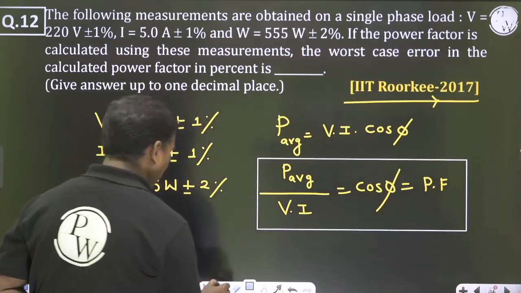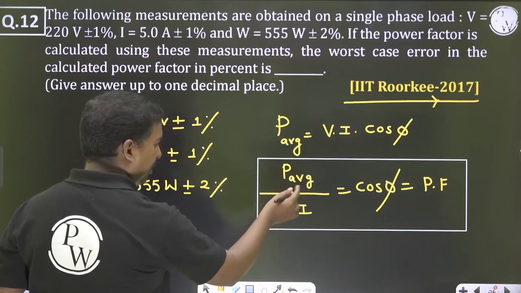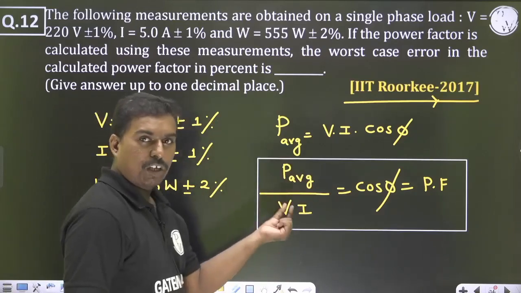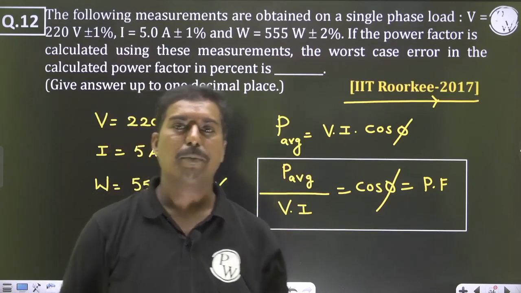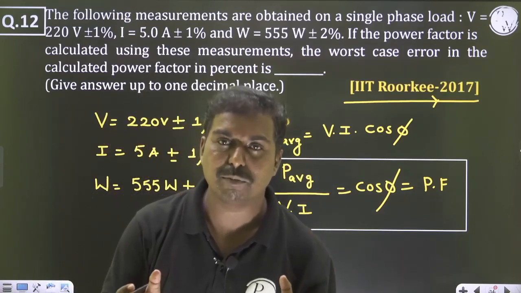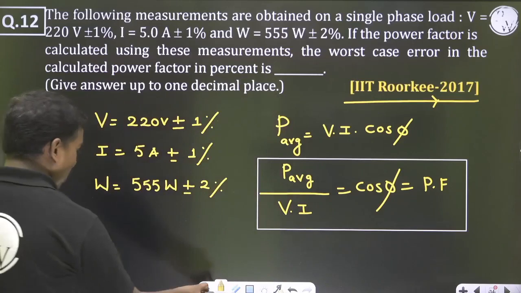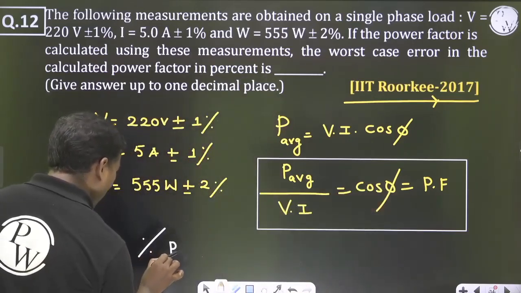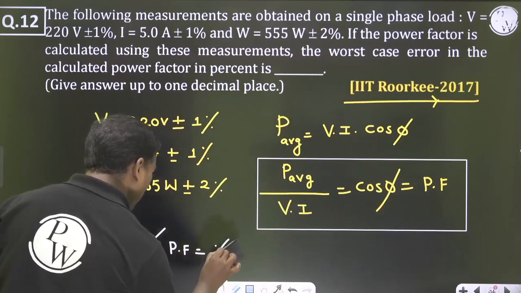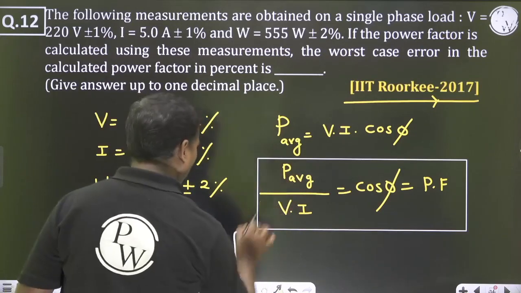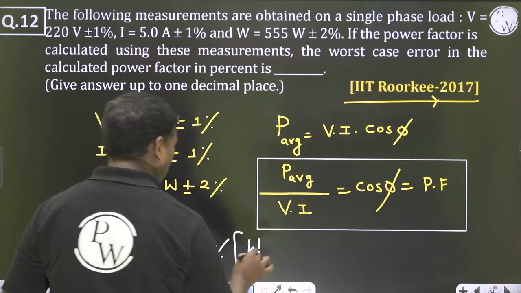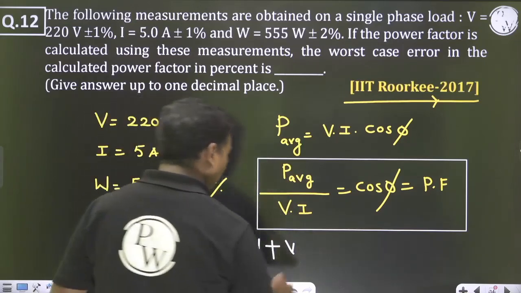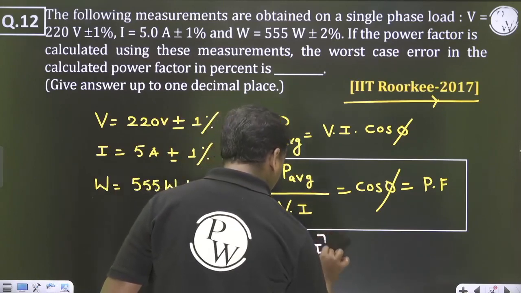So what can we take now? These are the division and these are the product of quantities. For product and division of quantities, all those percentage errors can be added. So the percentage error in power factor is equal to the percentage error in average power, that means the wattmeter reading, plus the percentage error in voltmeter reading and in current reading.